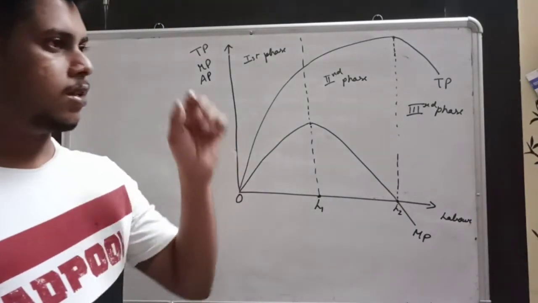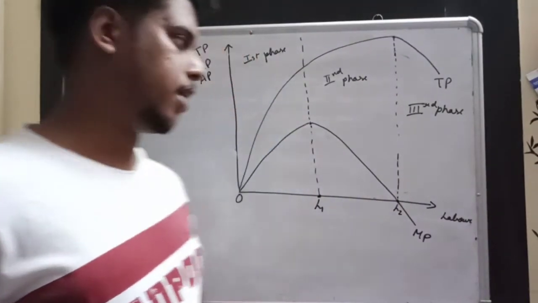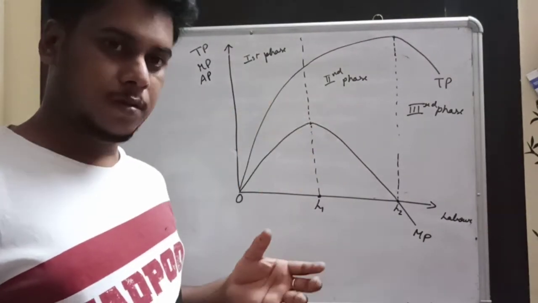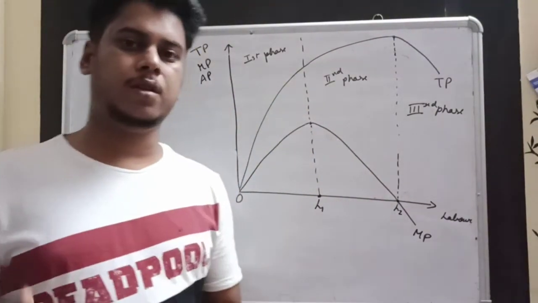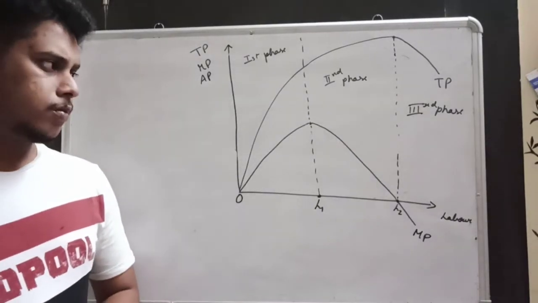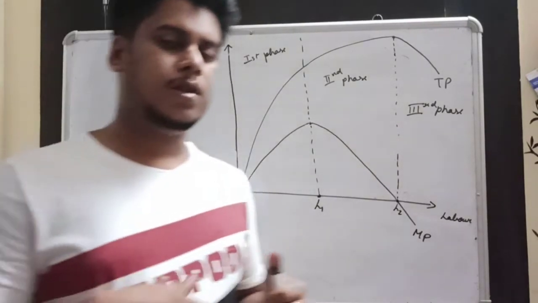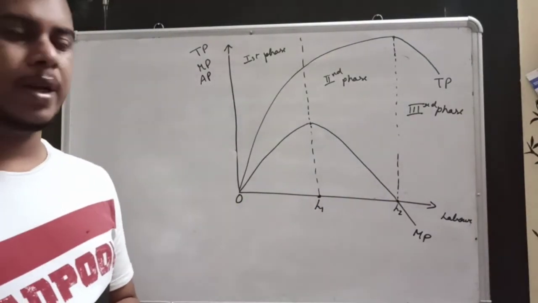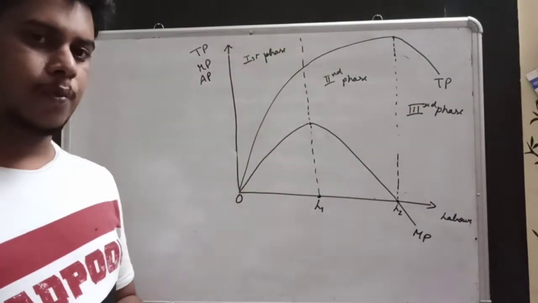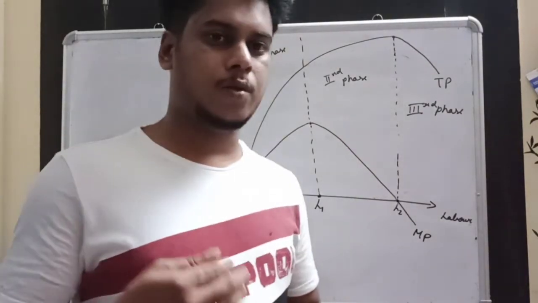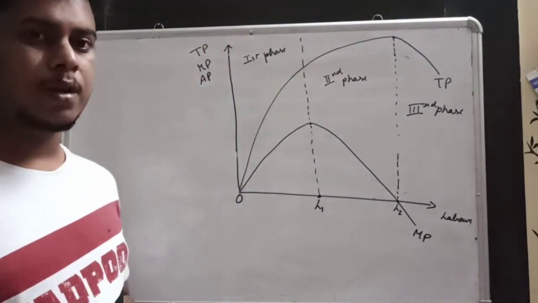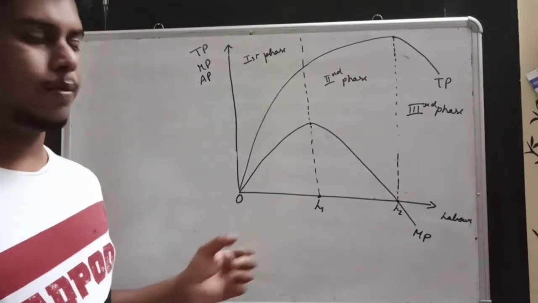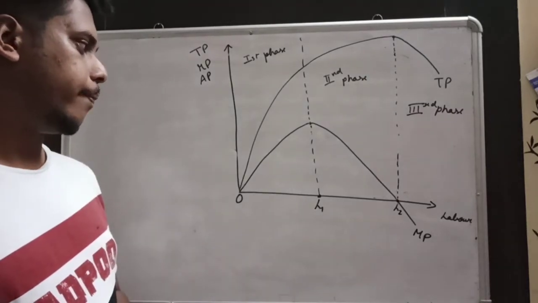So obviously the definition itself implies that this law belongs to the short run. So this law cannot be applicable in the long run, when all the inputs are variable. So this is one of the major demerits of this law, and there are several demerits. I would recommend you to go through them thoroughly, because this is one of the important topics.